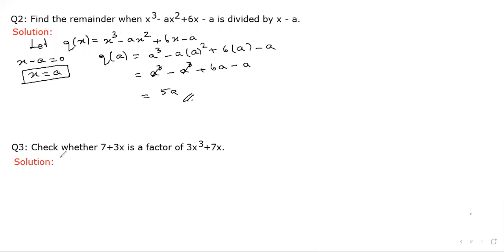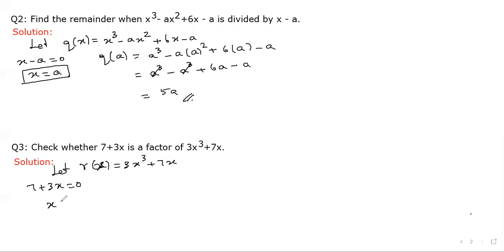So let us go to the next question. Check whether 7 plus 3x is a divisor of 3x cube plus 7x. So let us take this polynomial as r of x. What is r of x? 3x cube plus 7x. And here 7 plus 3x equals 0 to find the value of x.